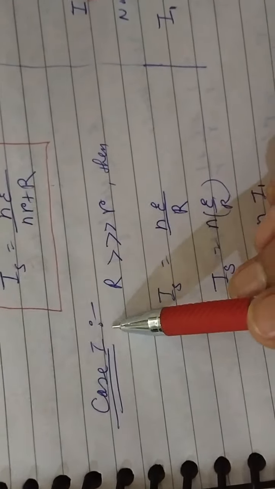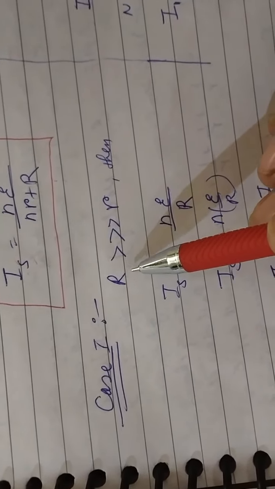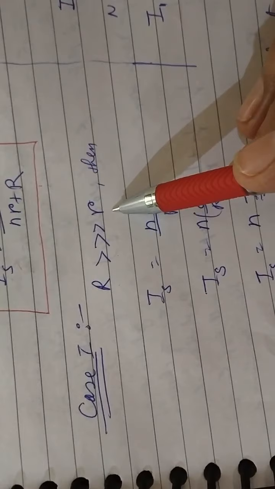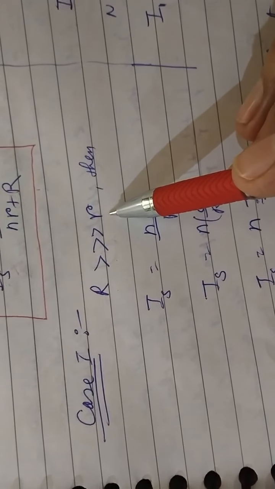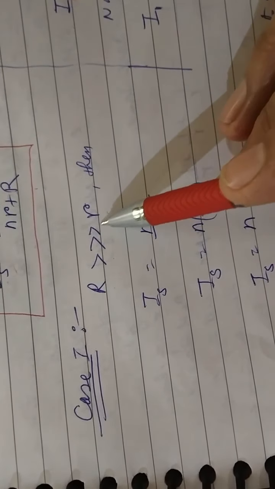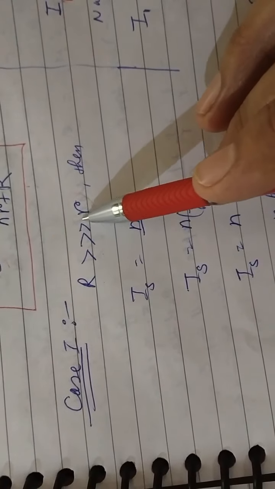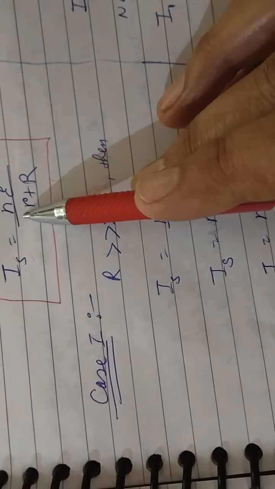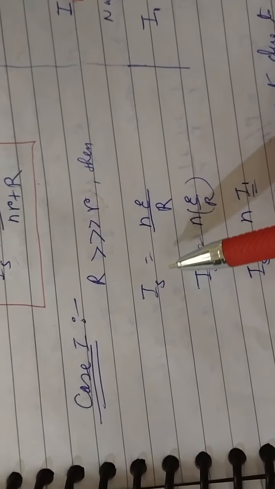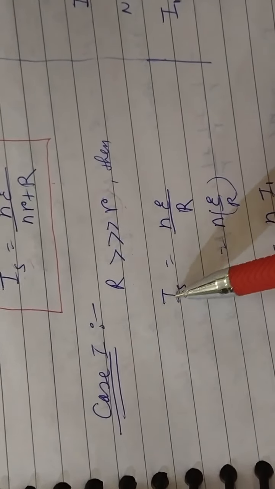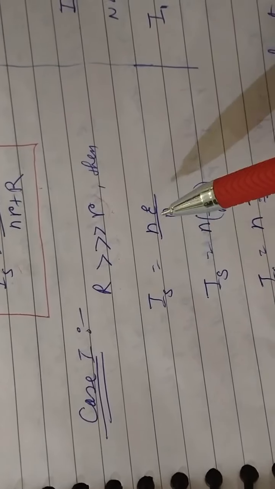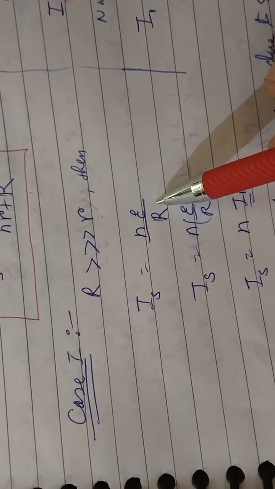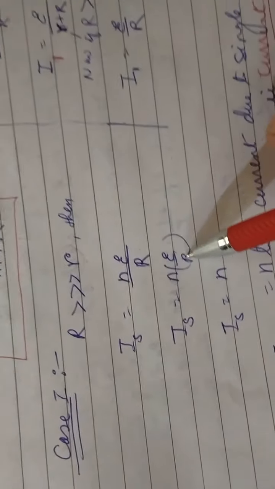So case 1, or special case, is if the external resistance is very large compared to the internal resistance of the cell. Then nr is very small and we can neglect it. So the current in series combination will be equal to nE upon R. And what is E upon R?